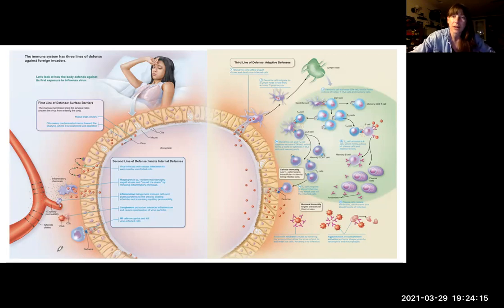Further, you will have an inflammatory response. If these cells are encountered by a phagocyte, like this macrophage, it's going to release chemical signals, cytokines, and that is going to cause your blood vessels to dilate and your capillaries to become more permeable. Then more immune cells arrive that are able to squeeze through the walls of the capillaries to get to the virus, to get to the problem, right?